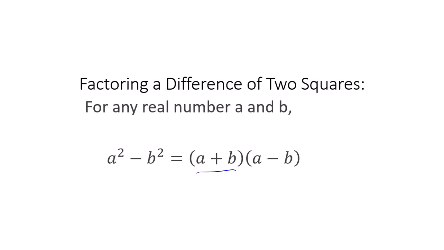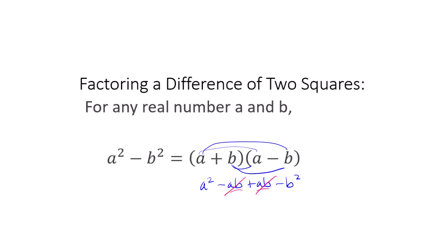And remember that what happens when we FOIL this is we get a times a, which is a squared, a times negative b, which is negative ab, b times a, which is positive ab, and b times negative b, which is negative b squared. And so what happens is we have these two like terms in the middle, negative ab and ab, and they cancel each other out, right?